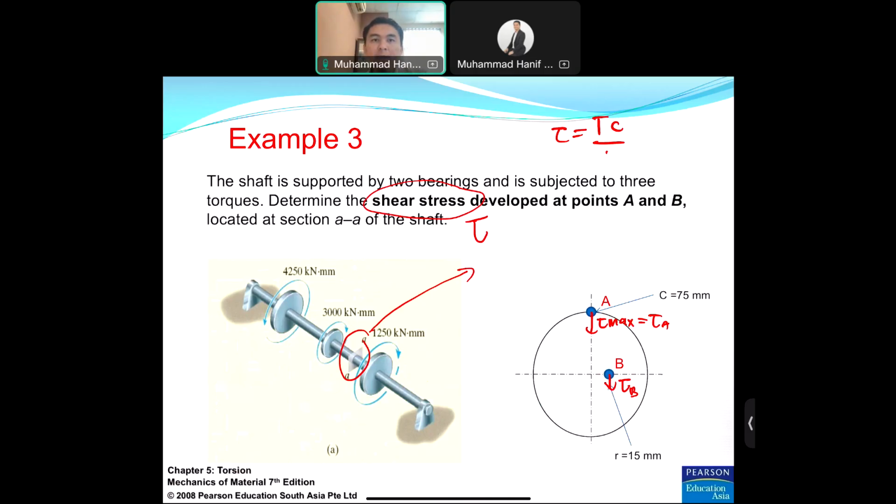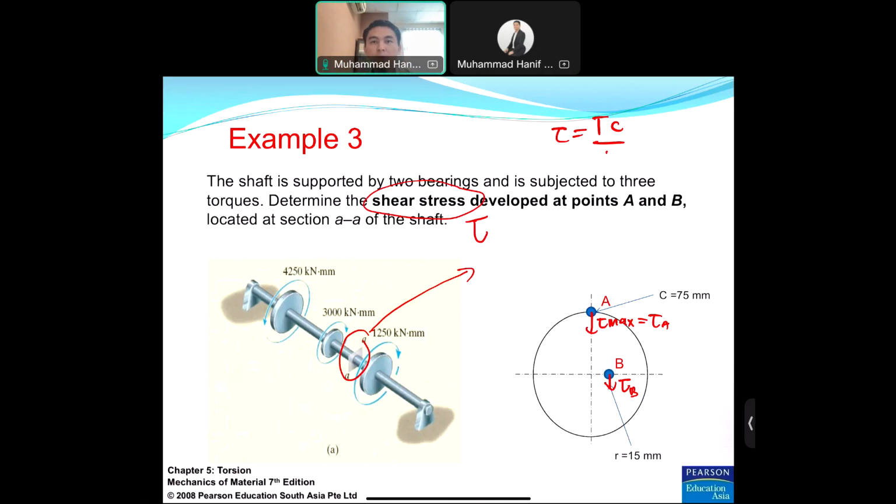J can be calculated using the polar moment of inertia. Since this is solid, J will be pi over 2 R to the power 4, as stated in the previous slide.